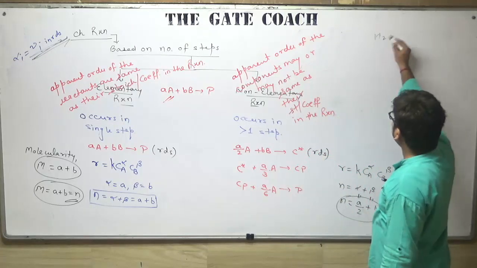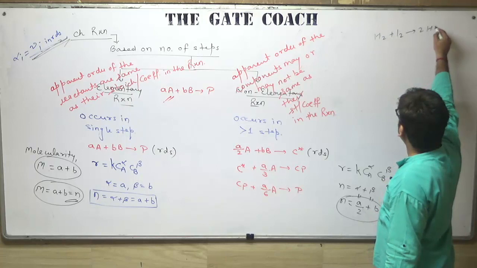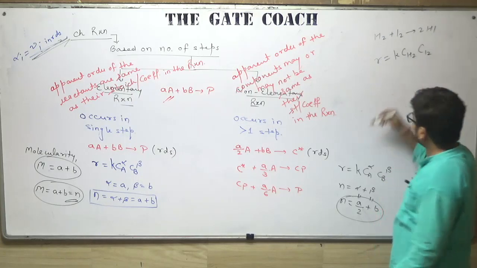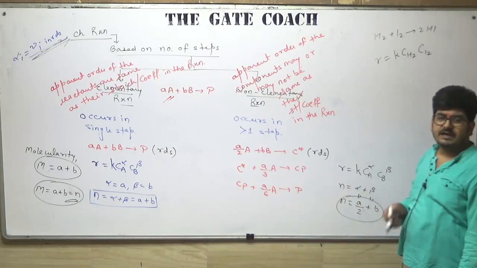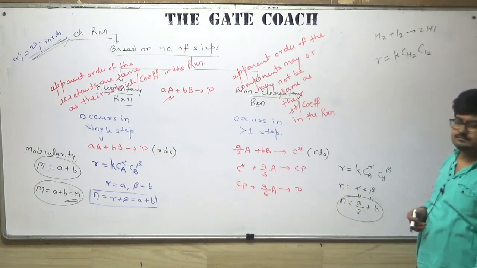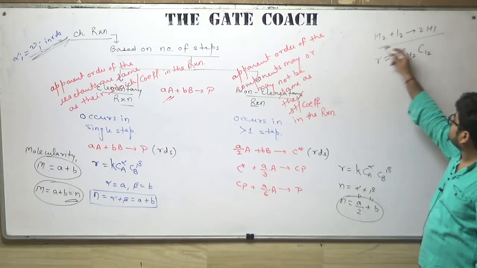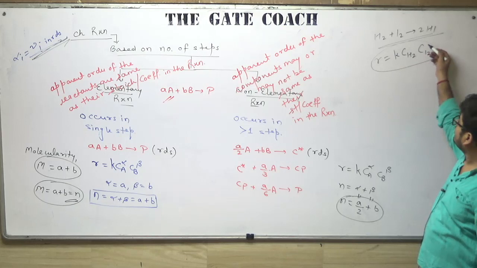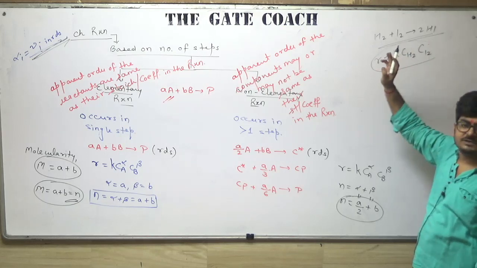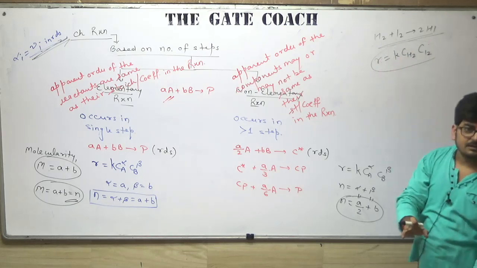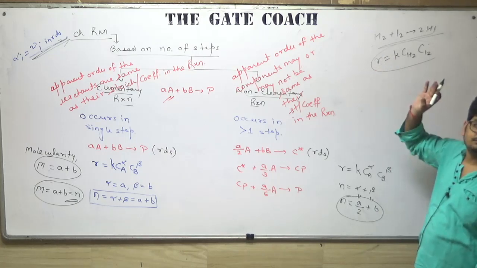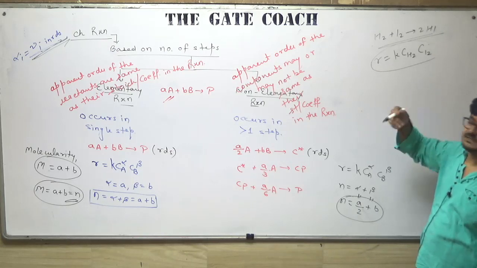Like for the reaction H2 plus I2 gives 2HI. Suppose rate equation is given like this. In any exam or in any problem, for this chemical reaction, rate equation is given like this. We can see apparent order are same as their stoichiometric coefficient. But still, we cannot say this is elementary or non-elementary reaction.